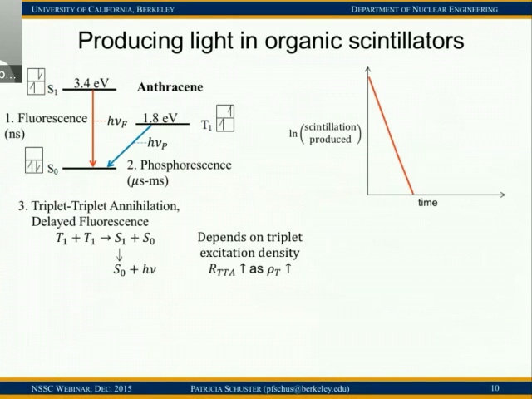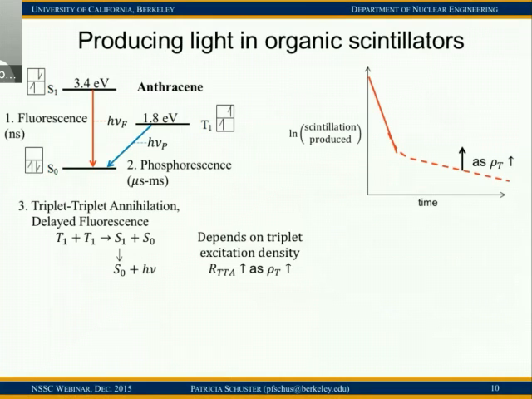That singlet excited state can then decay by fluorescence, as it would have if it were born as a singlet to begin with. So this contributes fluorescent light to the delayed time scales. The delay depends on how long it takes for those two triplets to migrate and reach each other. If the density of triplet states in the material is higher, you'll have a greater rate of triplet-triplet annihilation. As the density increases, the amount of delayed light increases.